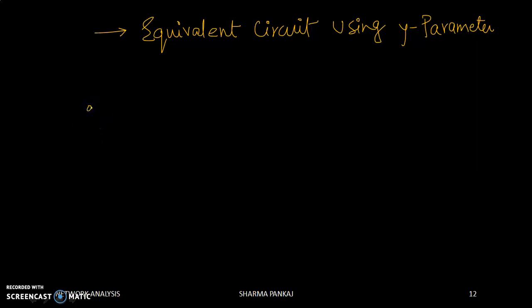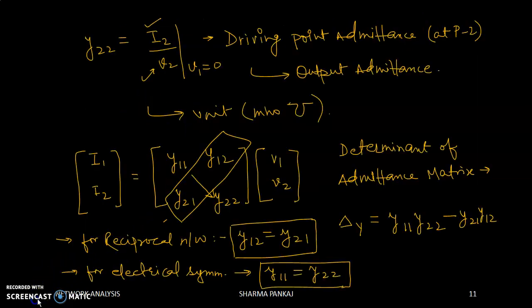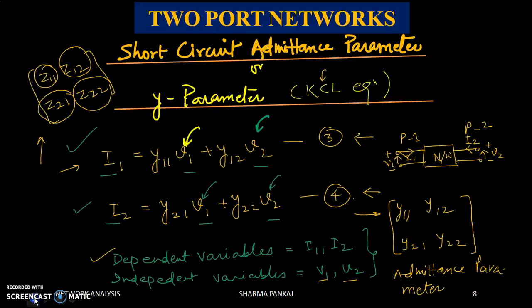See this. This is for port number 1. This is Y11. See this from equation number 3. From equation number 3, this is Y11, and this can be termed as voltage controlled current source.